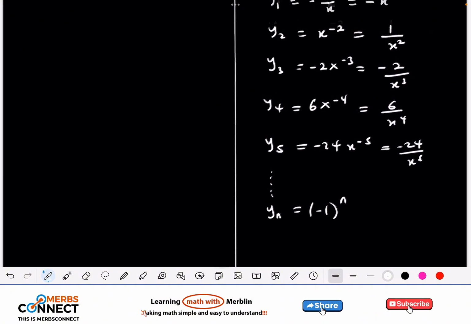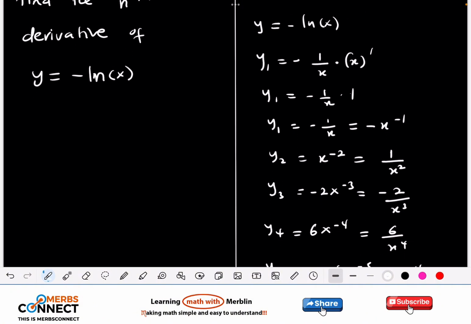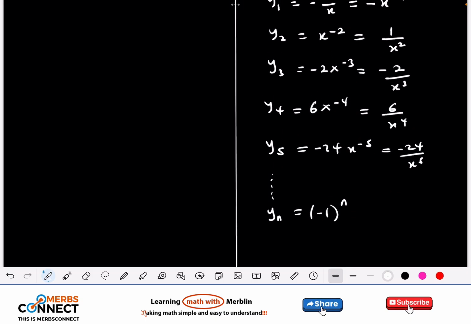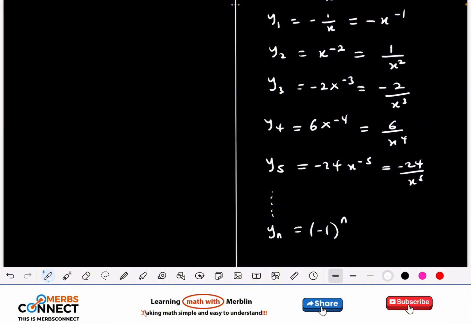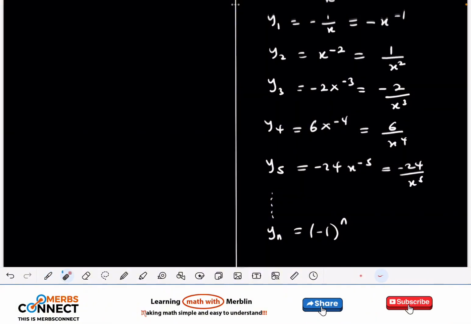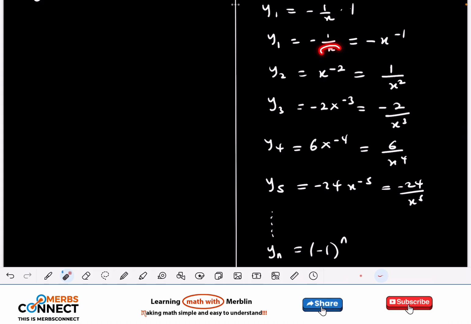The next thing that we need to do is look at the denominator, right? So the first derivative, we saw this is x to the power 1. This is x to the power 2, x to the power 3, x to the power 4, x to the power 5.